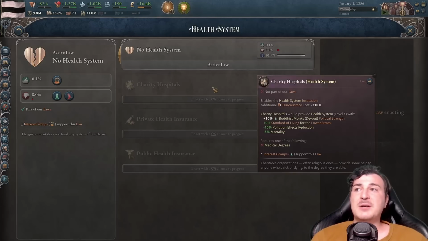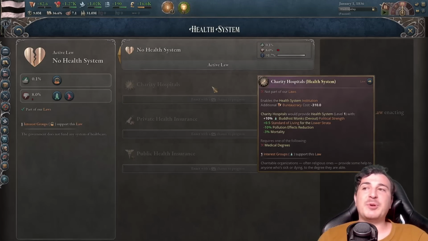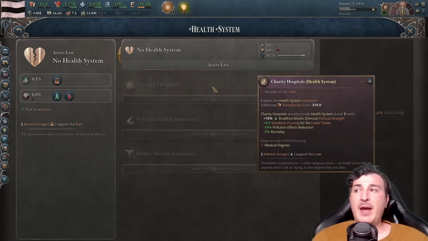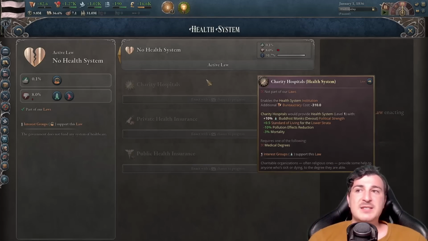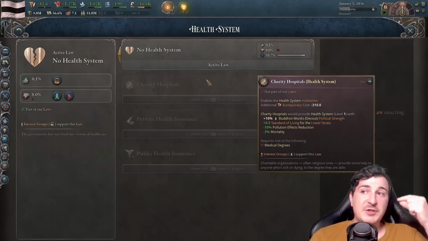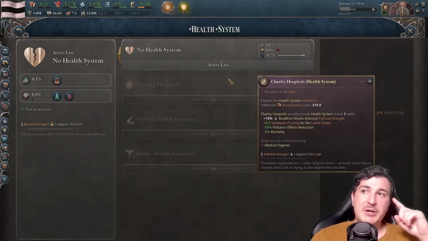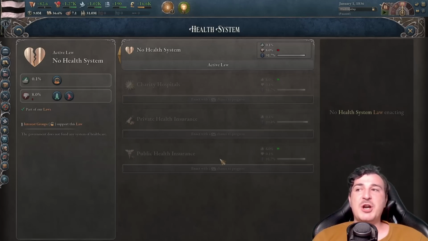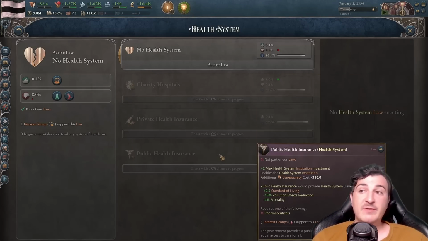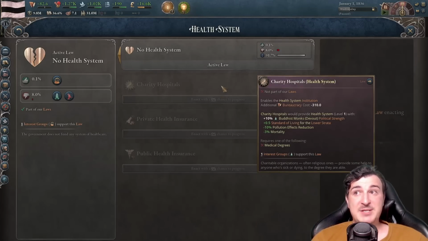Health system, similar to education, whereas the charity hospitals give political strength for the religious interest group and the public health insurance does not. Same amount of standard of living, 0.5 per level for the lower strata with charity hospitals and public health insurance. Mortality decreased by 3% per level for charity hospitals, 4% per level for public health insurance, and pollution effect reduction by 15%, 10% for the charity hospital.